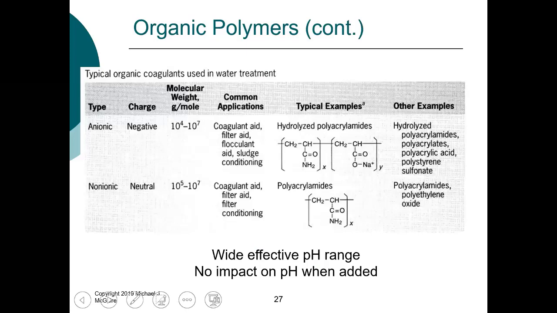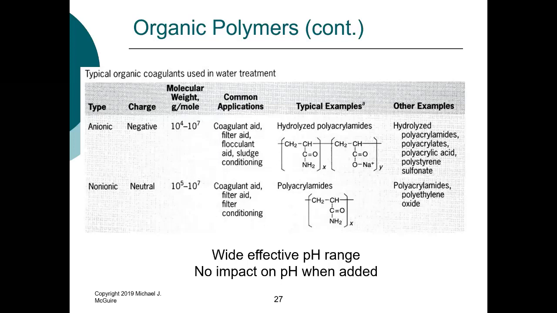And this is just some of the typical organic polymers. They can be anionic, non-ionic, or cationic. In Flint, they actually added anionic and cationic polymers. They were having trouble achieving efficient settling after their lime soda ash softening process.